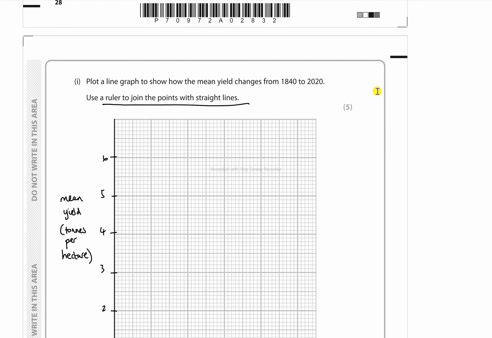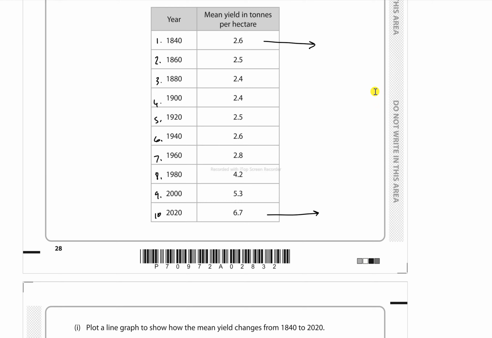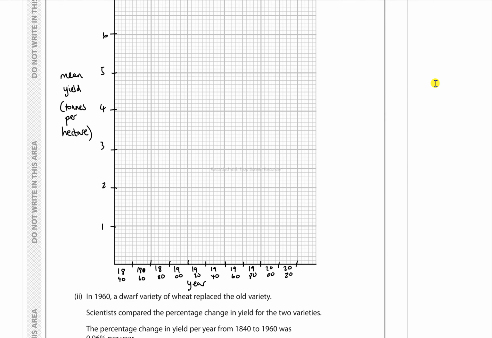Right, so should we attempt that? Let's go for it. Right, 2.6, 2.5, 2.4, 2.4, 2.6. So I'm going to go into the middle of this bit here. Can you see this bit here? I'm going to go into the middle of that and go to 2.